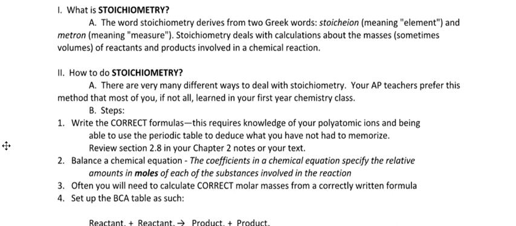If you're reading a balanced equation, you might say 2 moles of methane plus 4 moles of oxygen reacts to produce, and so on. Those coefficients mean moles, and that's really important. Then you also will probably have to calculate your correct molar masses. If you wrote your formulas down wrong, you're going to get the wrong molar masses. So all of that is what you have to already know before we even start the BCA table.